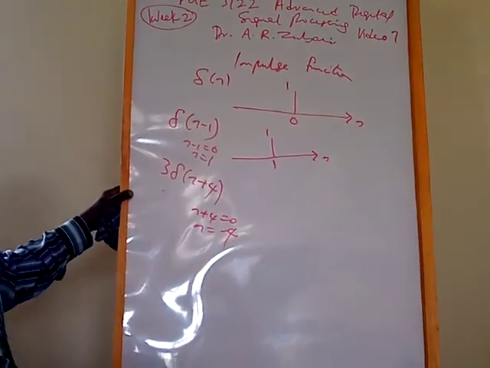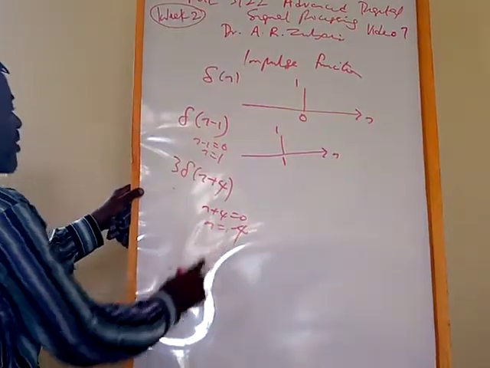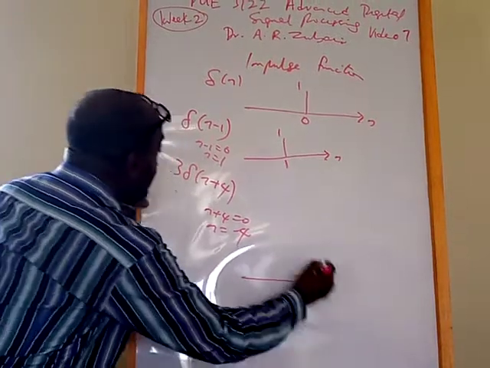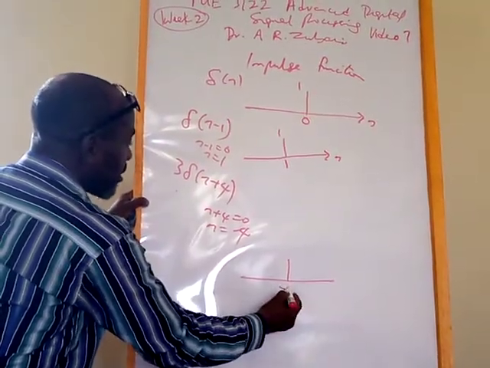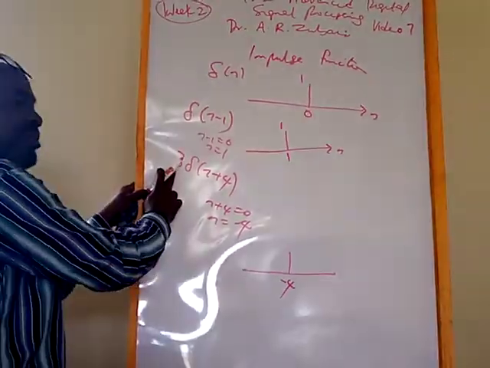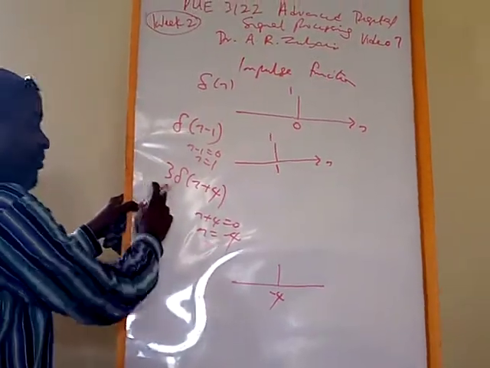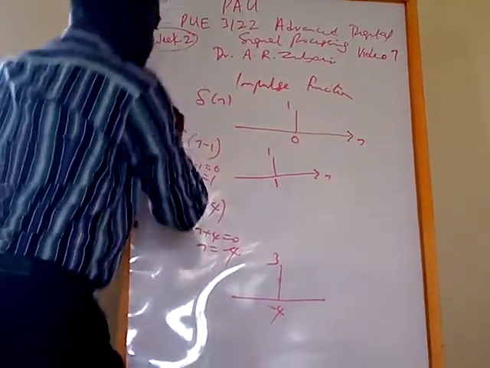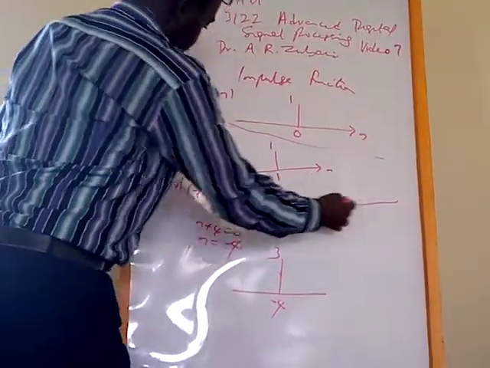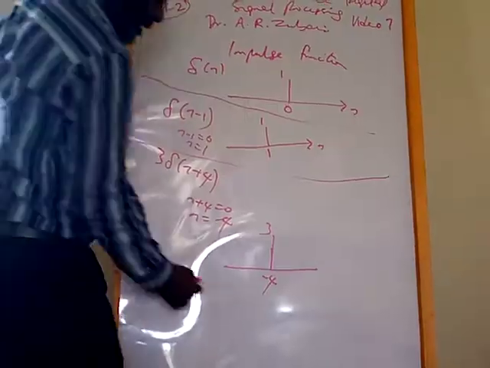Shift whatever is at 0 to minus 4. So on this delta of n, the 1 at 0 will now be at minus 4. But this 3 means it has to be scaled, you have to multiply by 3. So it's going to be 3.